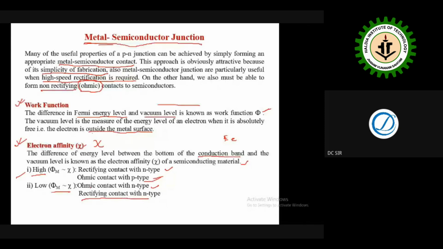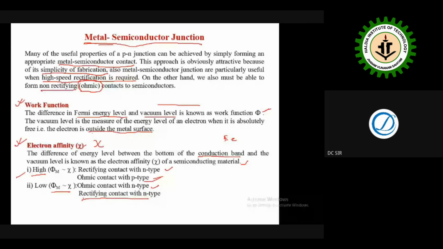Ohmic contact is nothing but a non-rectifying contact, and rectifying means that in forward bias current flows and in reverse bias current is blocked, like a PN junction diode. That is the rectification characteristic.